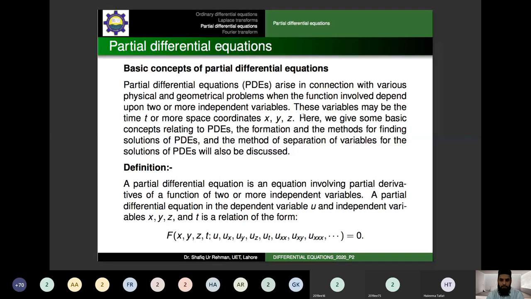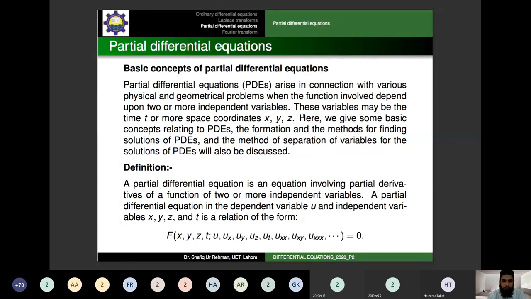Based upon the concept of ordinary differentiation, we move on to ordinary differential equations, pretty much along the same line. Whenever we have a function of more than one independent variable, the phenomenon is such that the mathematical formulation will turn out to be a partial differential equation.